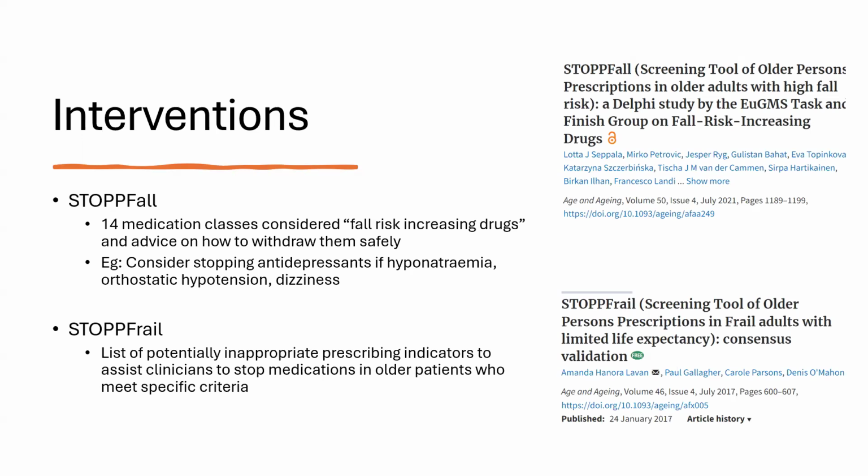The STOPPFrail criteria advise withdrawal of inappropriate or unnecessary medications in conditions of end-stage irreversible pathology, poor 1-year survival, severe functional or cognitive impairment or both, and when symptom control is the priority rather than prevention of disease progression.